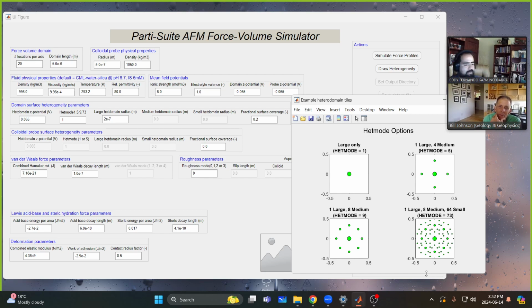Yeah, I mean, this actually comes from Eddie's thesis work, where if you want to understand for different sizes of colloids what the surface looks like to explain multiple sizes of colloids attachment, well, then you're going to need what turns out to be a power law distribution of heterodomains, where you have very few of the largest ones and you have a geometric increase in the number of successively smaller heterodomains, right?